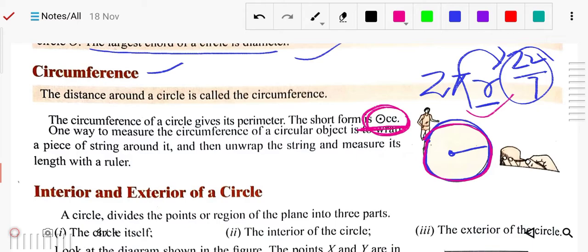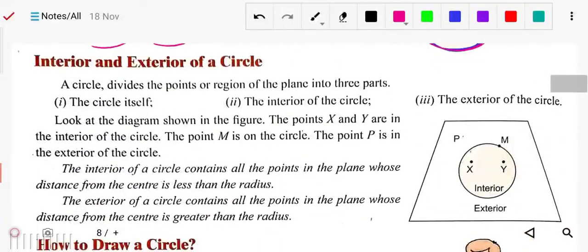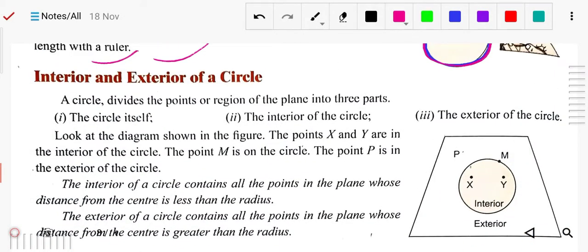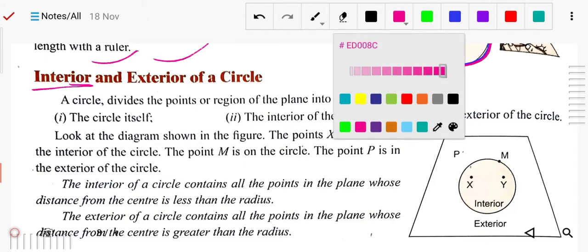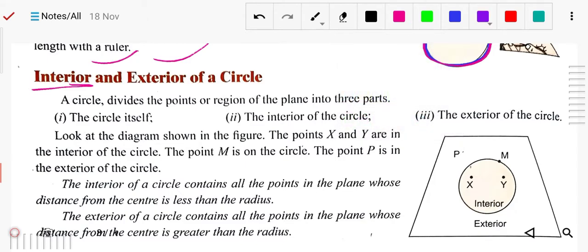Now next we have the interior and exterior of the circle. Interior means whatever is inside the circle. Exterior is the outside of the circle. One more thing you should know: the interior of a circle contains all the points in a plane whose distance from the center is less than the radius.